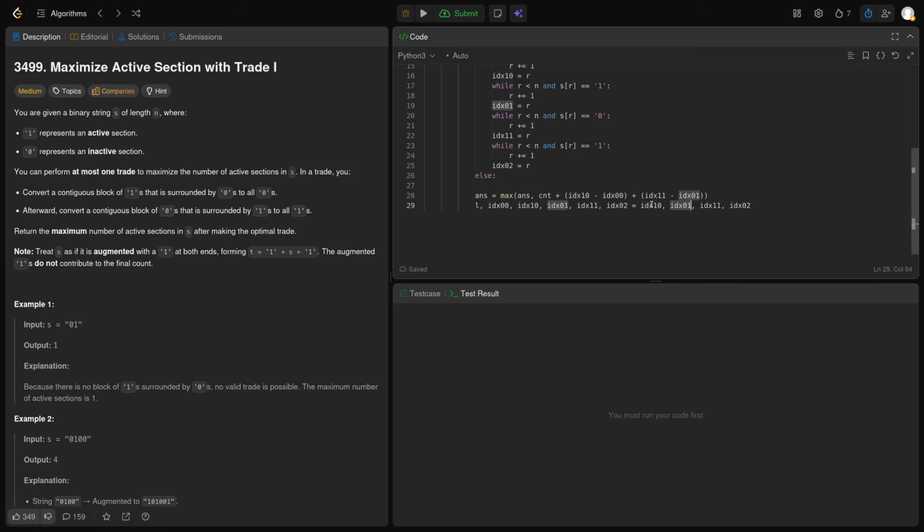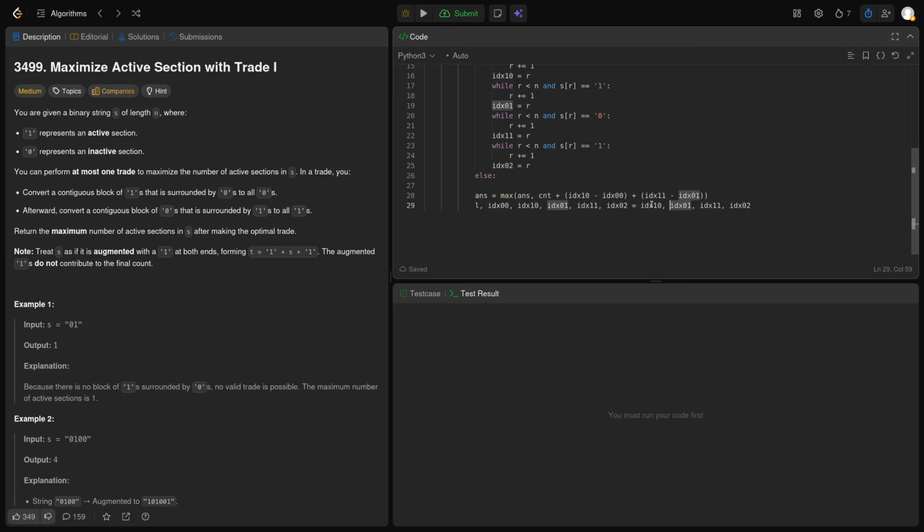So this is index 1 0, index 0 1, index 0 2, and then I need to get index 0 2.